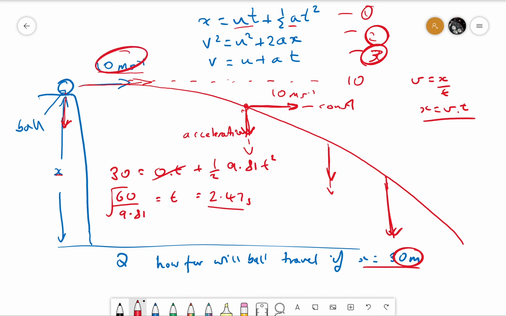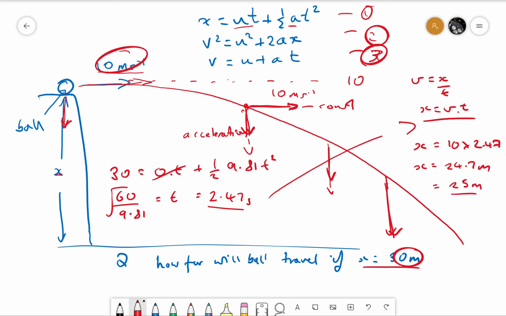So that's the time, and then we can just use this equation here then. So the distance it travels is my velocity, which was 10, times 2.47, and you don't even need to calculate that, do you guys? So it's going to travel 24.7 meters, to 2 sig figs, that's 25 meters.